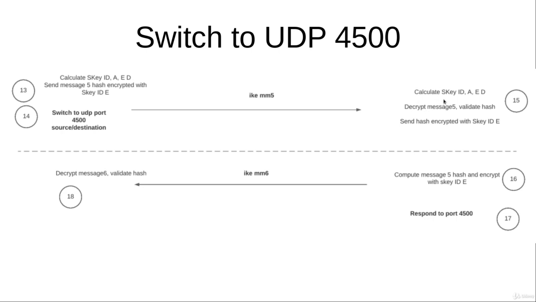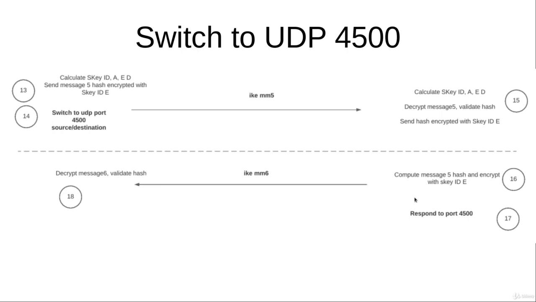It concludes that this is for an existing SPI session and switches to UDP encapsulation. Based on receiving the traffic on port 4500, it will respond to port 4500. From now on, the communication switches to UDP port 4500, and the ESP packets are encapsulated in UDP packets. So when the two sides continue their communications during phase 2, they will be communicating over UDP port 4500.